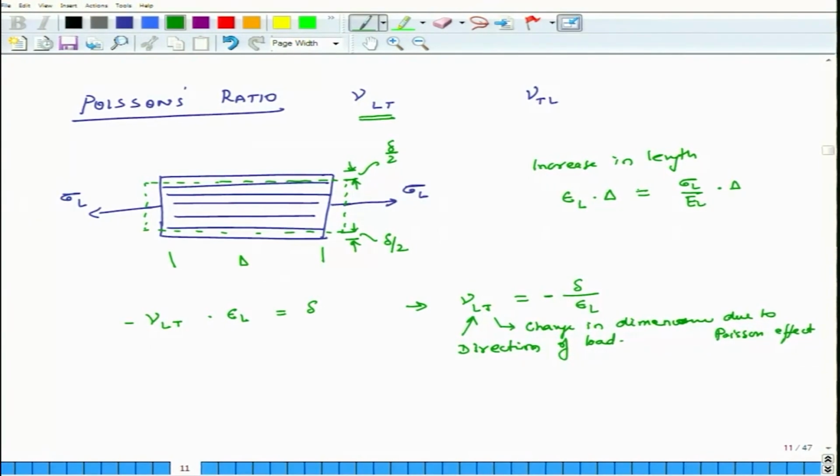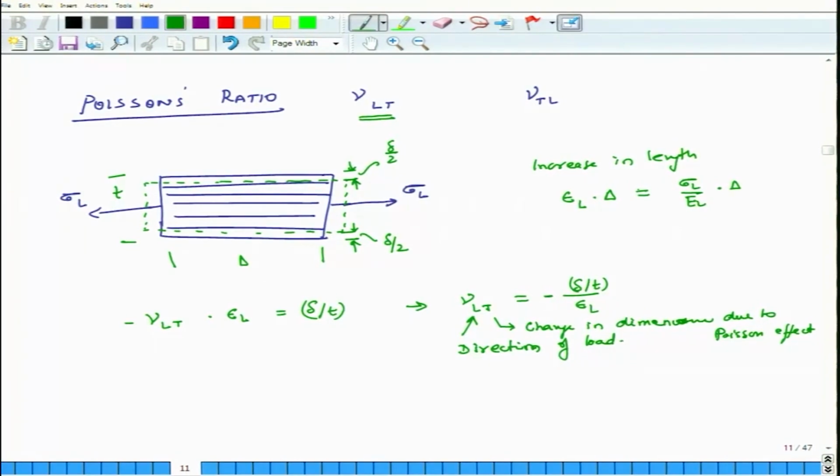One modification I would like to make is that this delta is the total change in the thickness, and suppose the overall original thickness is T, then the transverse strain will be delta over T. I forgot to make that distinction earlier.